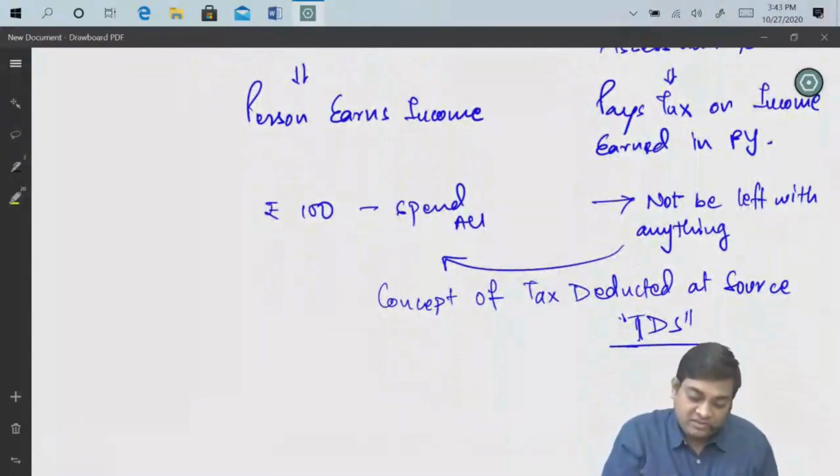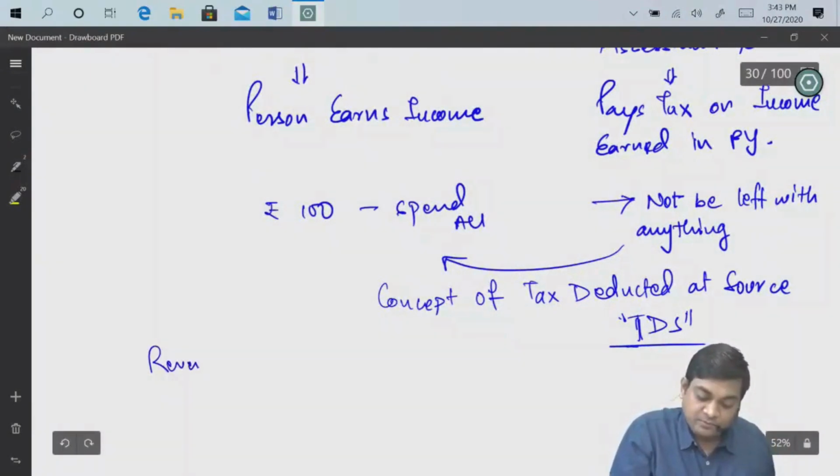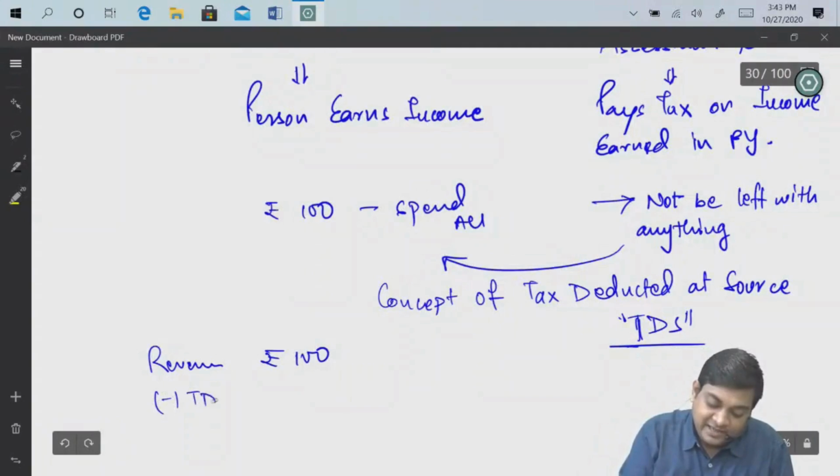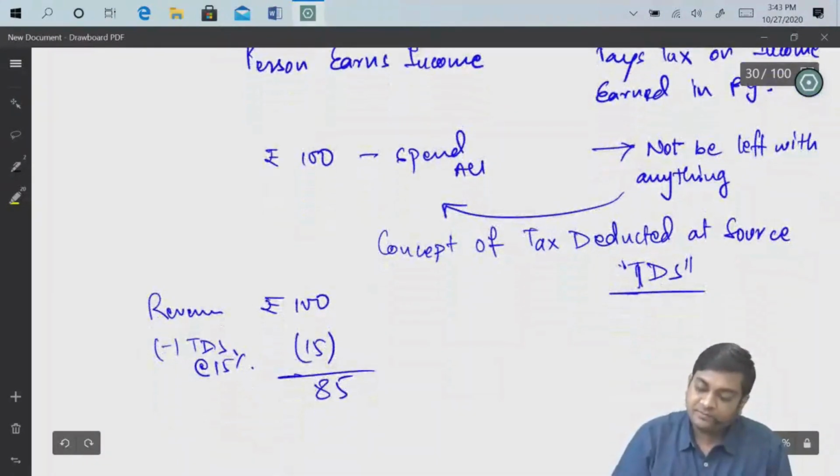Now the person who is giving you this revenue, right, that person will deduct, say, TDS around about, say, 15%. So he gave you 85, right?